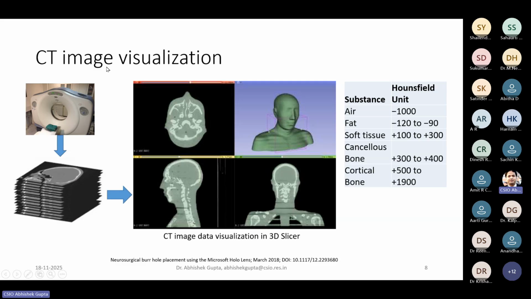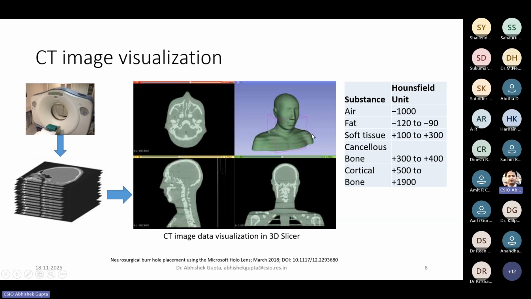So, CT visualization: generally we do it like this. When you get this from the CT scanner, you get the 2D stacked slices. If we see them in any CT-compatible software, this is just a snapshot of Mimics software, where you can see this slice is the axial slice, from the top view. If we see all the slices from the top view, it will look like this.